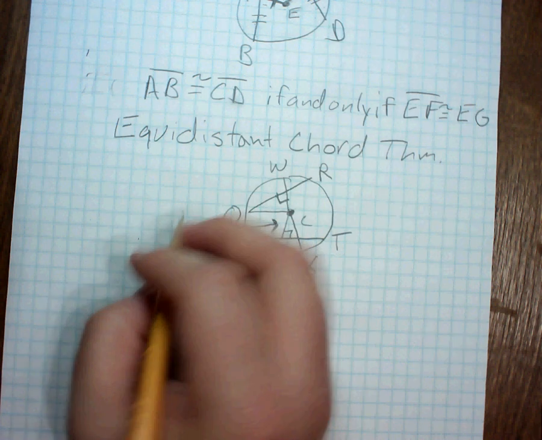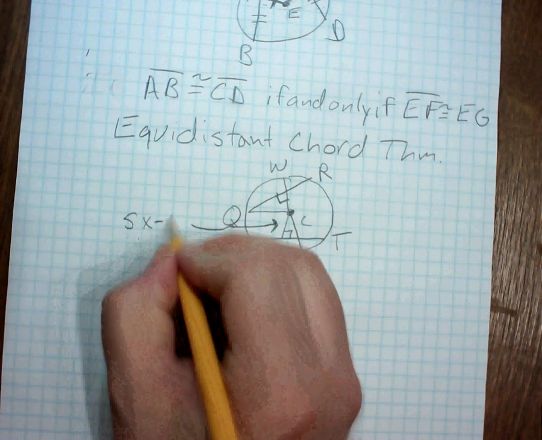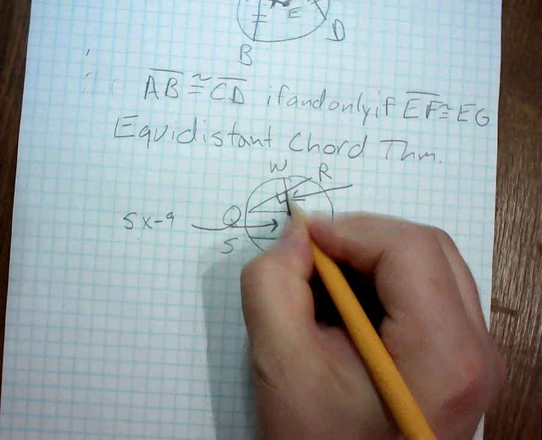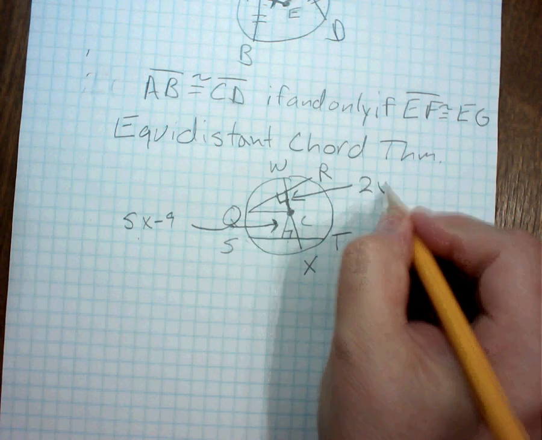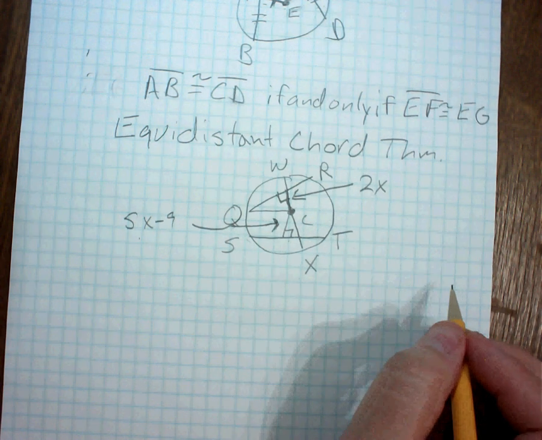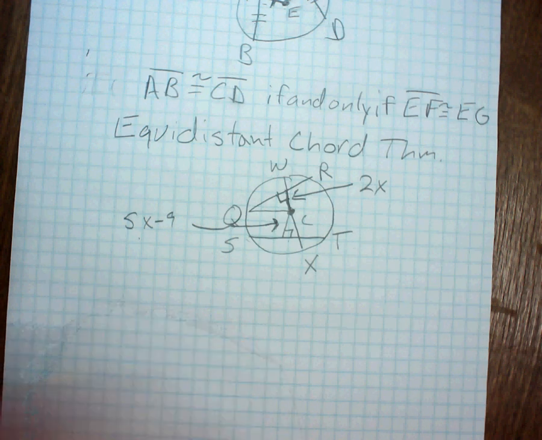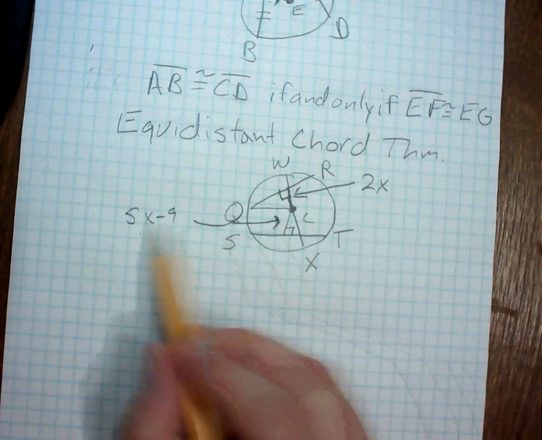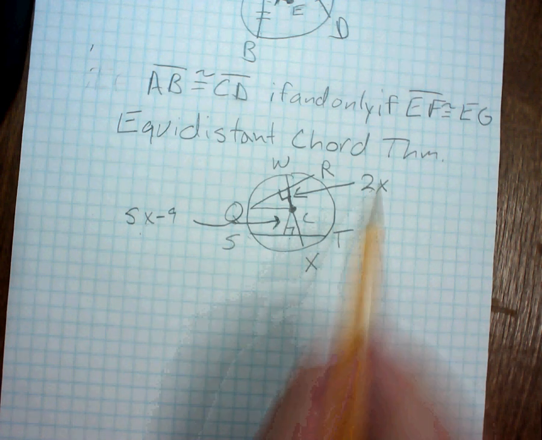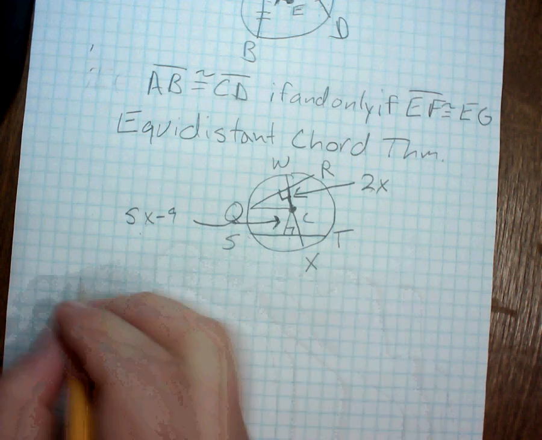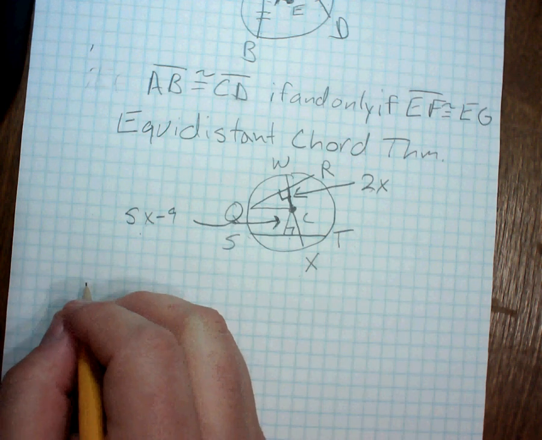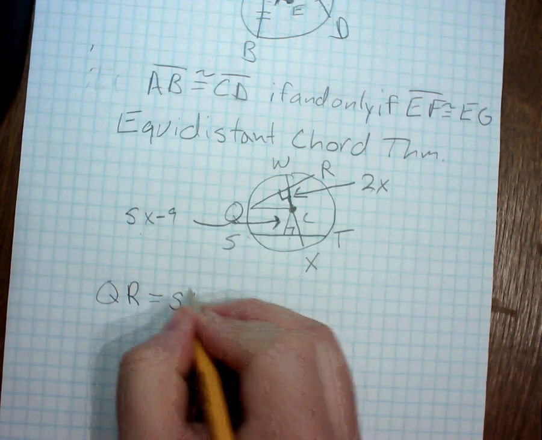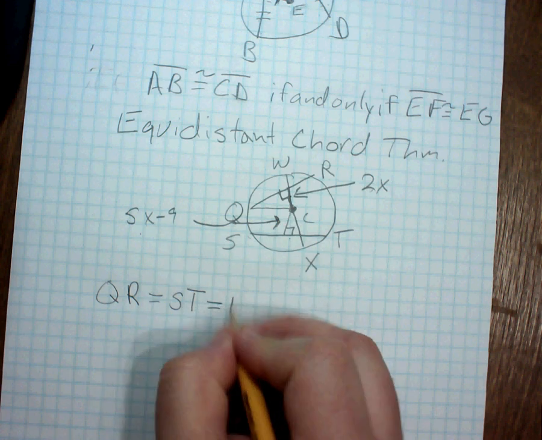Okay? And we're told that this distance here is 5x minus 9, and this distance here is 2x. And they tell us some information. This is all in the textbook, but I'll write it down in the notes. We know that we're going to set this equal to this, but that's if this stuff is true. So what they're saying is, in the diagram, QR is equal to ST is equal to 16.